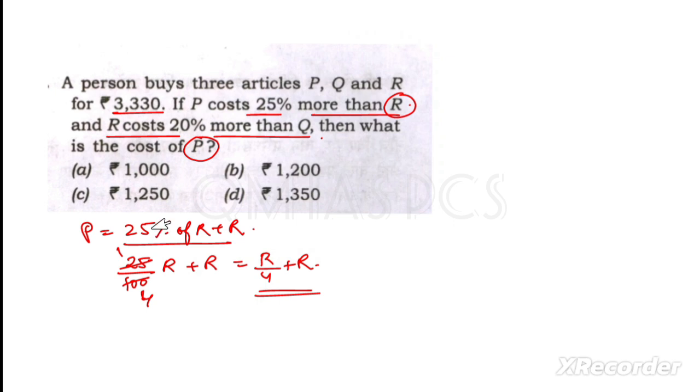I have just converted 25% into a fraction, so it will be 25 by 100. I have told you that we have to divide by 100. So it will be 1 by 4, and 1 by 4 of R means R by 4, plus R.